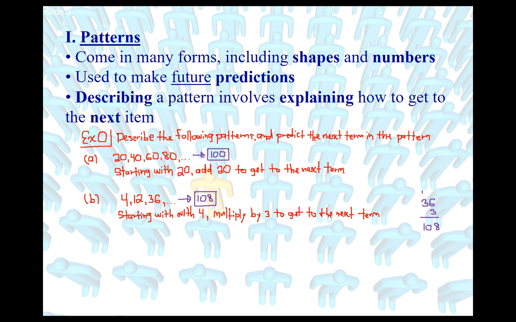All right, how about this? Let's do a shape. Although we'll get into shape in the next problem as well. I just want to start off easier. Okay, let's say we have triangle, square, pentagon, dot, dot, dot.